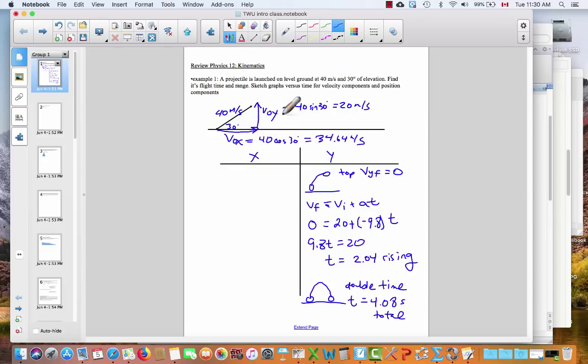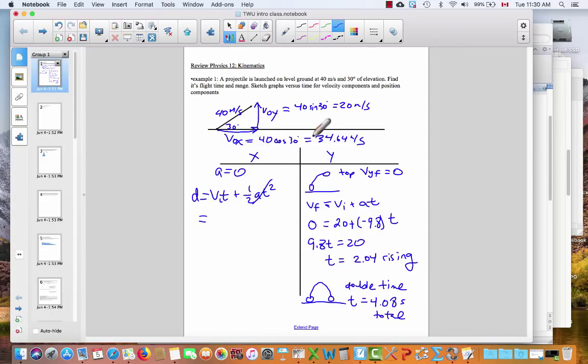Now that we've got that, we can come back and analyze the horizontal motion. In the horizontal direction, there's no acceleration. So we can find the displacement using the displacement equation. D is vit plus half at squared. There is no acceleration, so this whole term disappears.